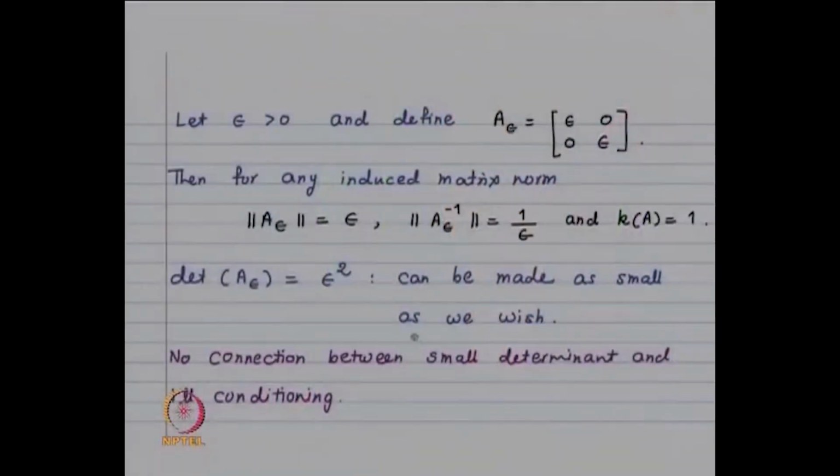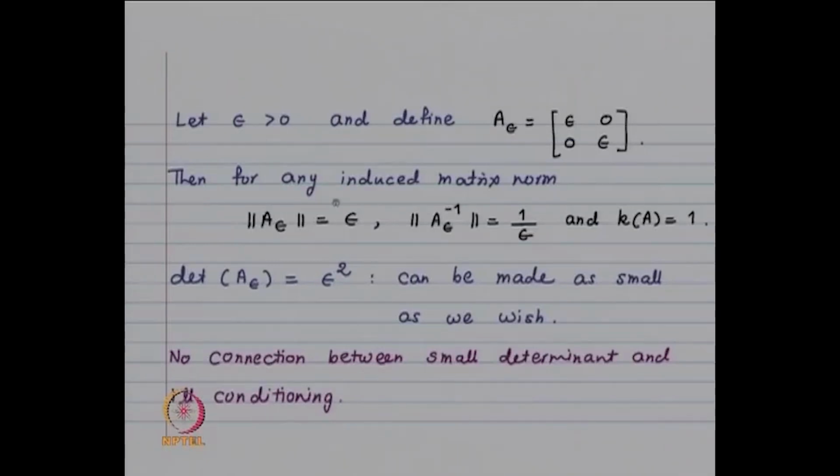That is not the case. The condition number of a matrix has nothing to do with a small determinant. We can look at a simple example of a diagonal matrix.